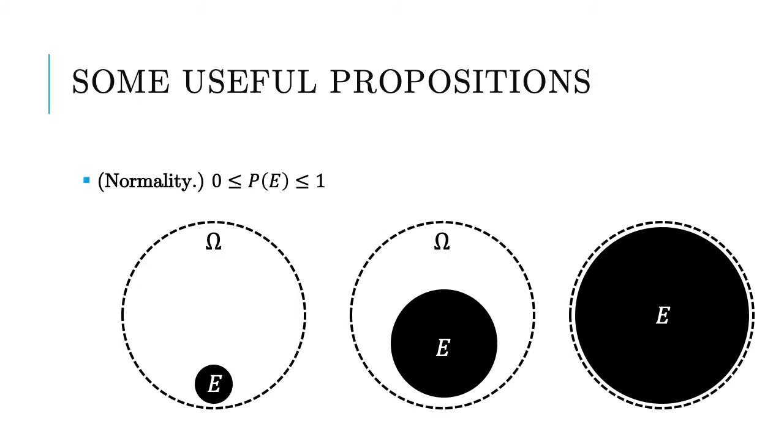One useful proposition that we'll want to use is that of normality, which roughly means that every probability lies on the interval from 0 to 1. And thinking of the connection with the fraction of area notion of probability, this should make sense. The smallest fraction you can compose of a whole is 0, and the largest fraction you can compose of a whole is 1.